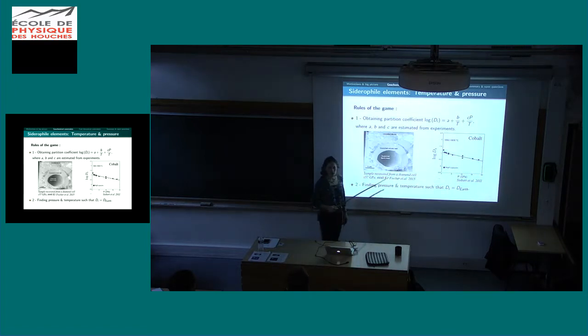They fit their empirical results with that law, and they find values for the coefficients A, B, and C, so that they can describe the partition coefficient as a function of pressure and temperature. And then the game is to say, what are the pressures and temperatures that will give you a partition coefficient equal to the apparent partition coefficient of the Earth?